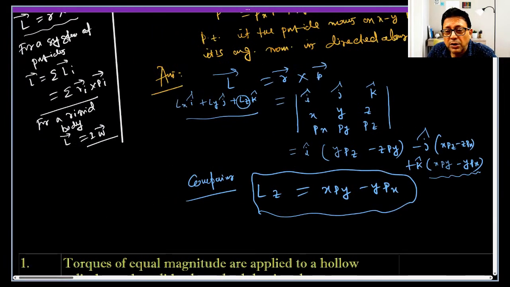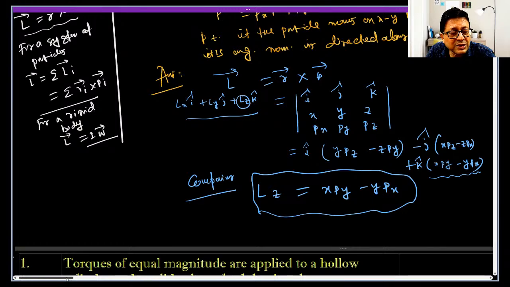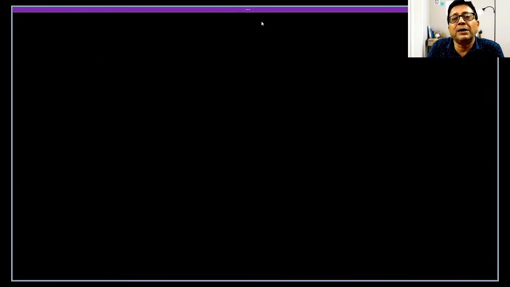Now, let us remember the concept of torque, because you are doing dot product and cross product, so we need to remember the torque also. Torque I will just show you and then we'll be using the formula.